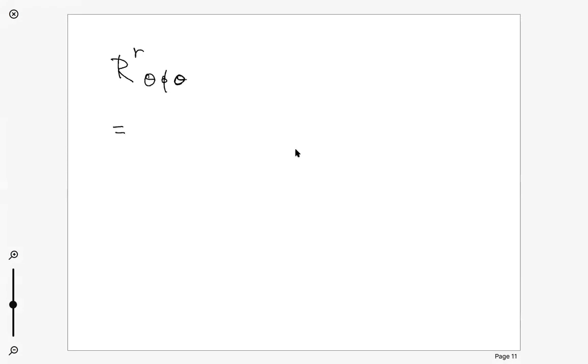Okay. So, what is the Riemann tensor here?